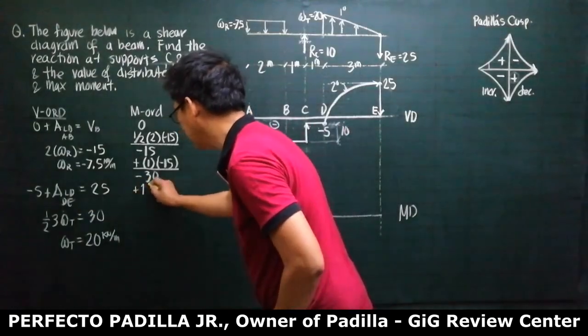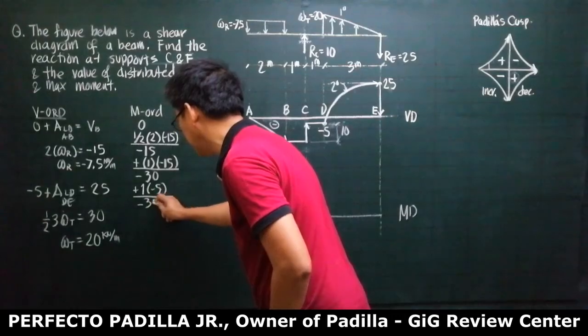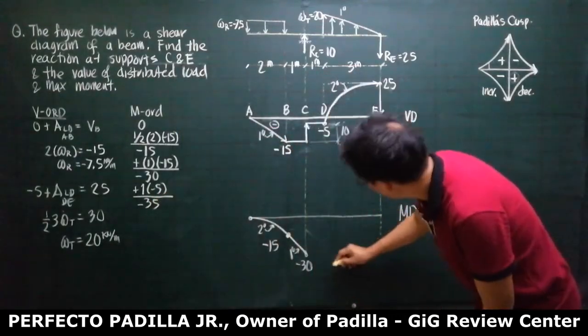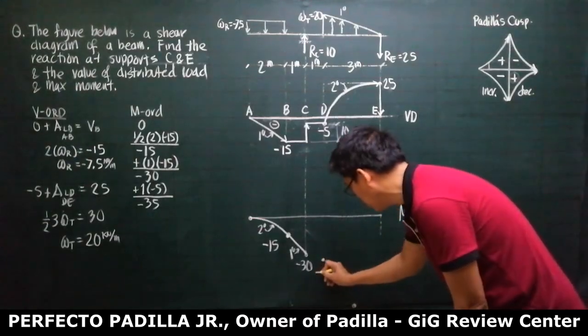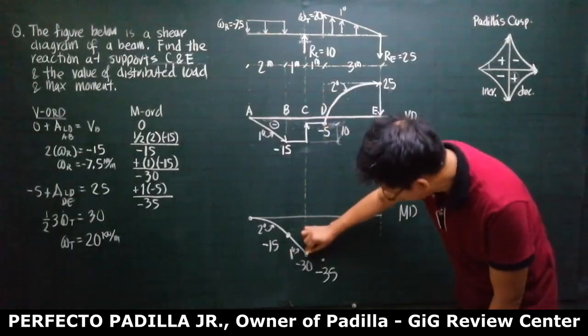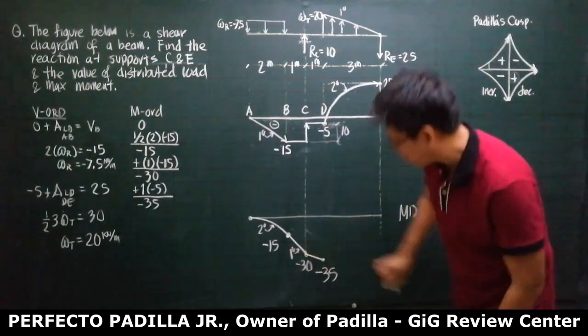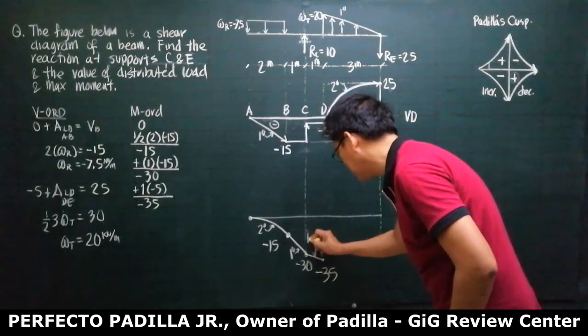So, plus 1 times minus 5. So, this is minus 35. So, our moment here is going to be minus 35. And this is 0 degree. So, this must be first degree. Okay? So, let me just put it here. So, this is first degree.